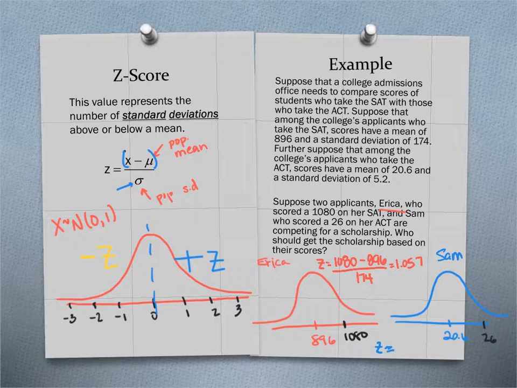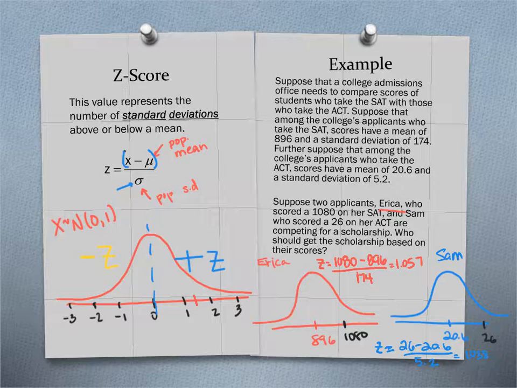Sam has a z-score, z equal to 26 minus 20.6 divided by 5.2, and we get a z-score of 1.038.